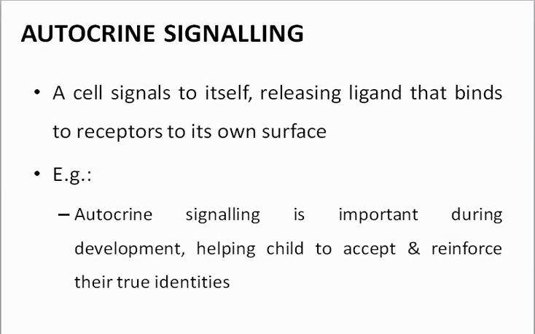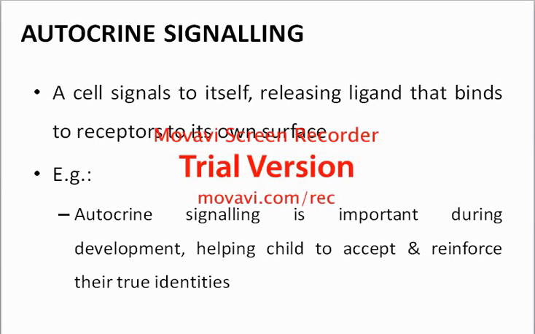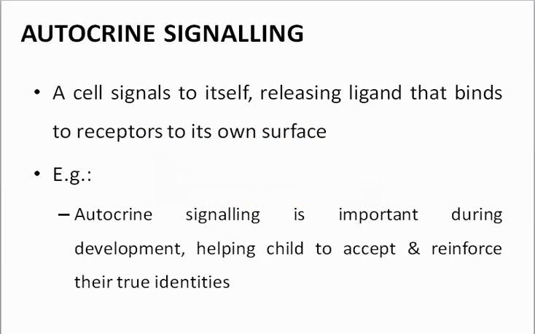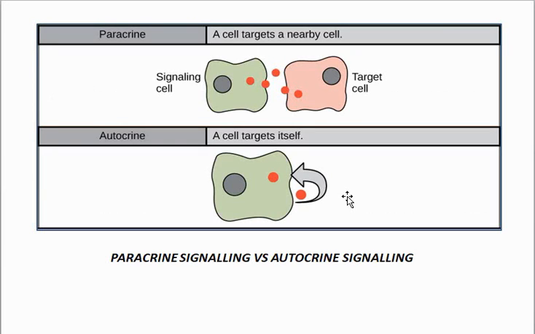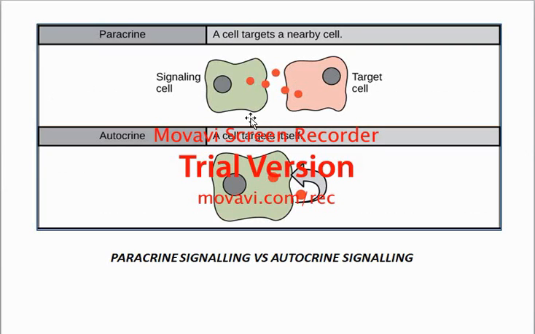For instance, autocrine signaling is important during development, helping cells to take on and reinforce their correct identities. These are the examples or the diagram that shows how autocrine and paracrine signaling works.